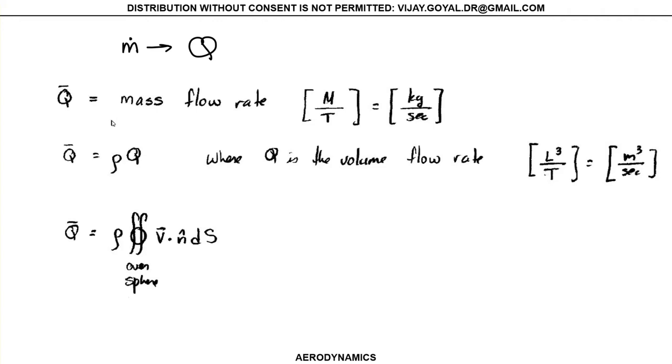So the mass flow rate, as you know, is going to be mass over time. And this will be rho times Q, where Q is the volumetric flow. And this is given by the following equation that you have here, okay?